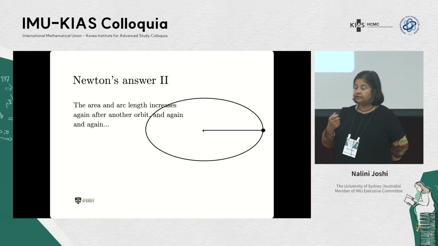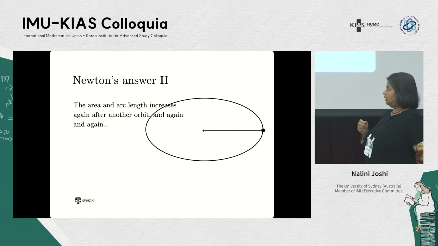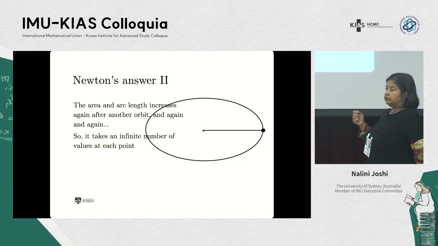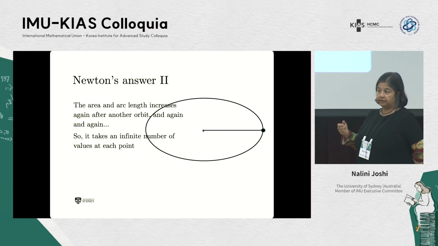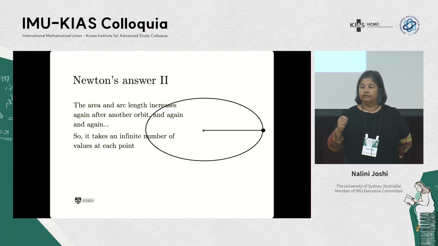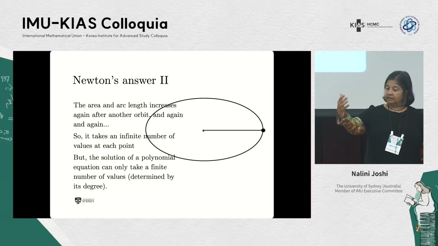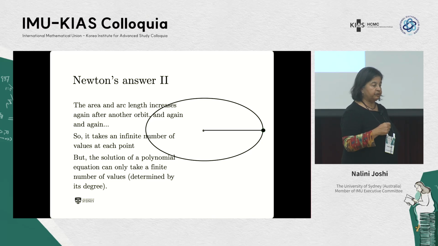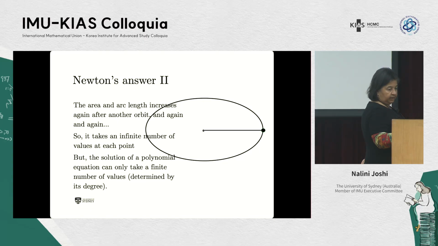These quantities, the area or the arc length, can't be the solution of a polynomial equation in x, y, because a solution of a polynomial can only take on a finite number of values, which is determined by the degree of the polynomial. This is the quasi-topological argument that he gives, which is used by Arnold actually to study the same question in higher dimensions. It's a lovely, lovely exposition, and I recommend it to you.